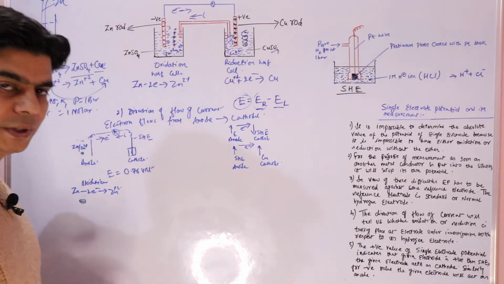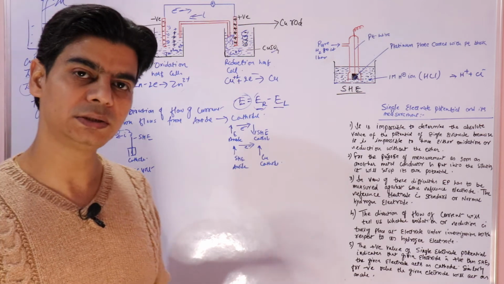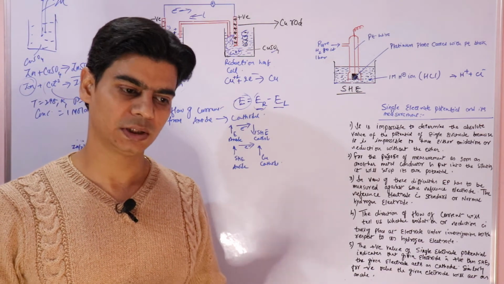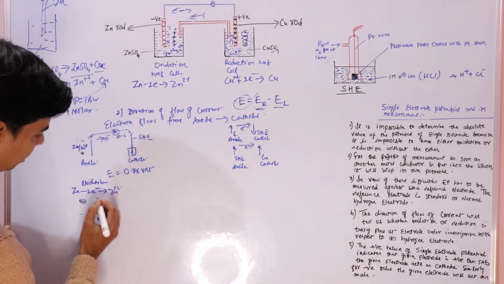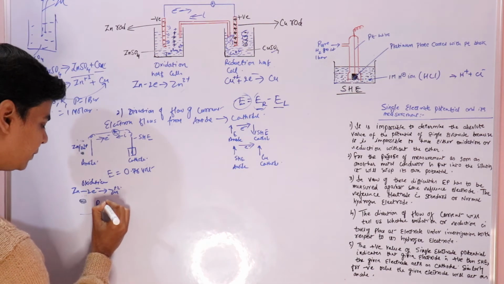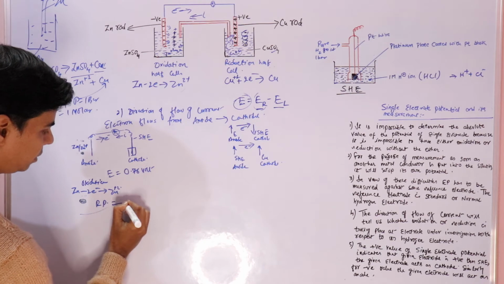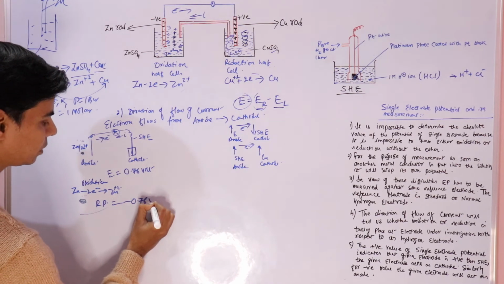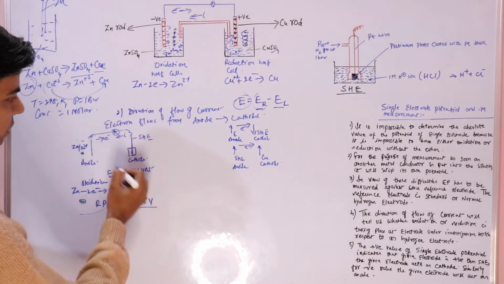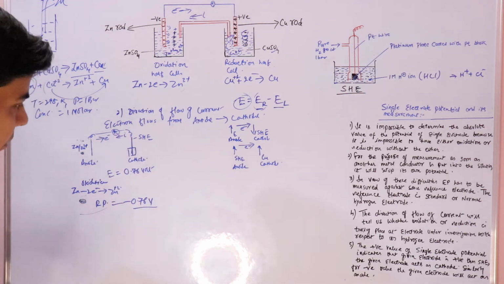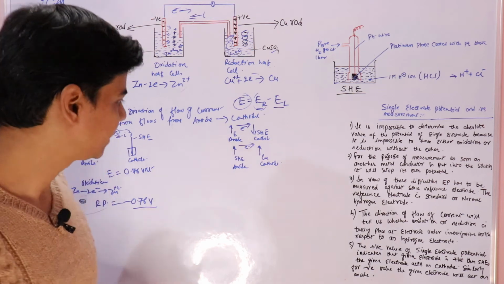Or since IUPAC says that we always mention electrode potential in terms of reduction potential, the reduction potential of zinc would be minus 0.76 volt, right? This is the reduction potential of zinc, since the SHE does not participate because of its zero value, right?